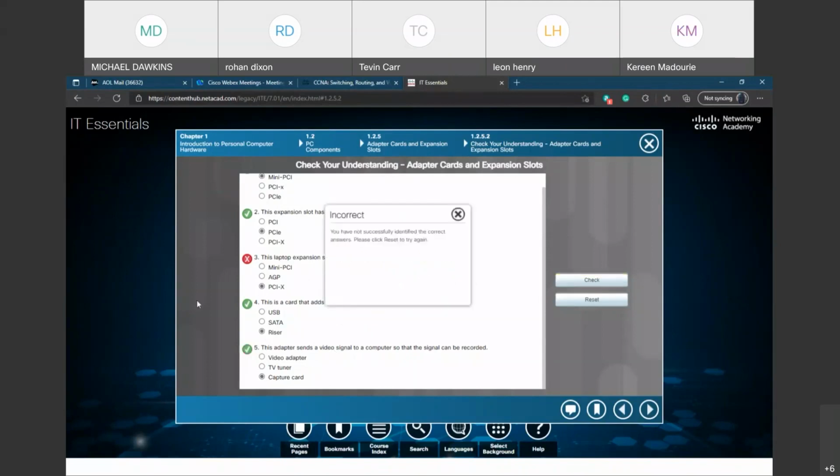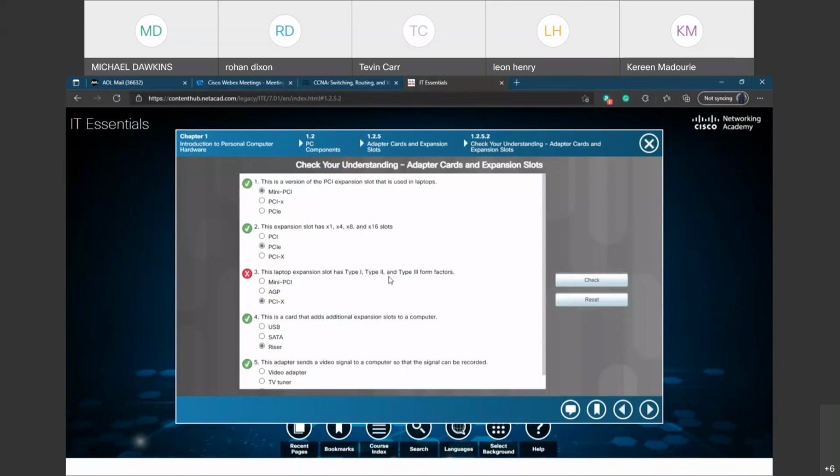Let's check again. All right, so it goes back to the same one here. He said this version because he looked at one, and they said this version of PCI expansion slot is used in laptops.